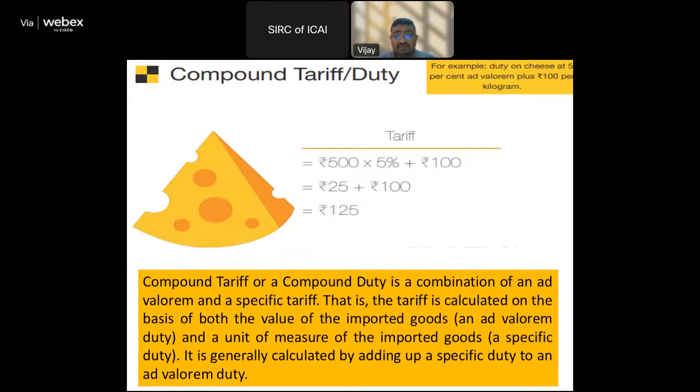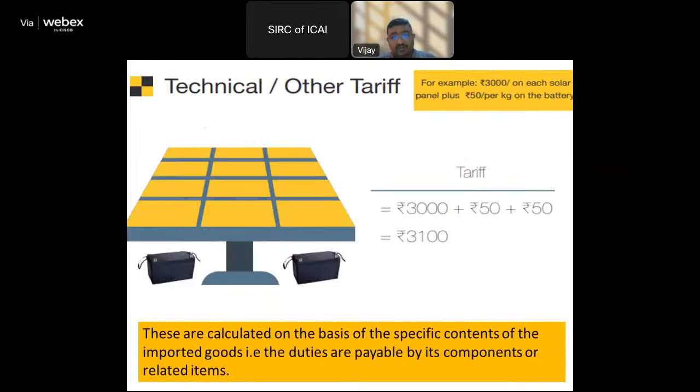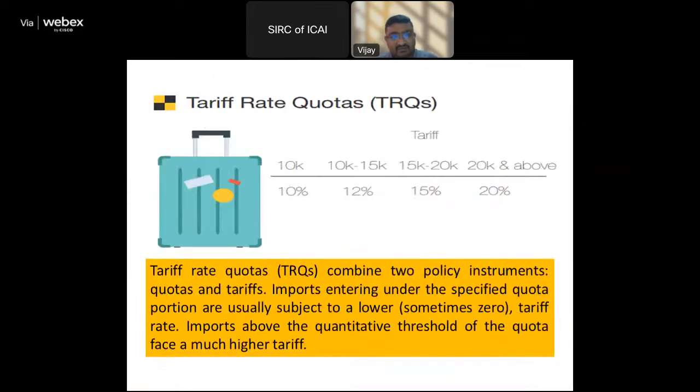Compound tariff: sir, here a specific duty will be there, and in addition to that, there will be ad valorem duty. Then we call it compound duty or compound tariff. Technical tariff: based on the technical component of the goods imported, duties are payable. Then we call it a technical tariff.